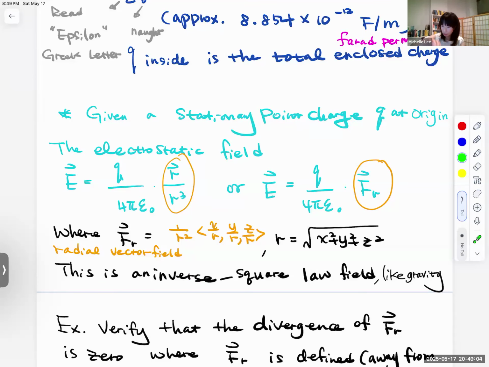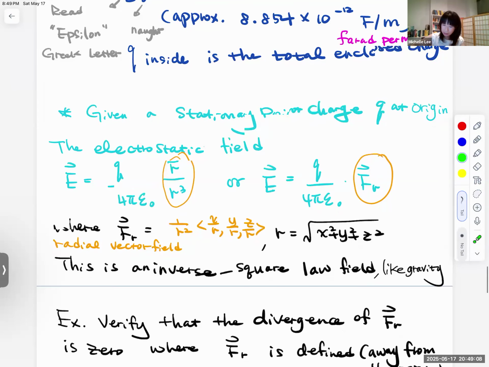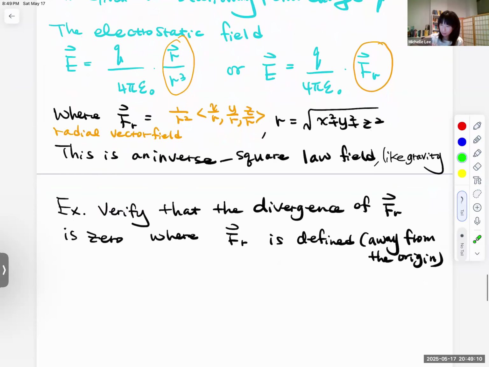Okay, so let's do this problem. This will be the last one. Verify that the divergence of a radial vector field is zero, where the radial vector field is defined away from the origin, right? Okay, so we have r equal to that, right?